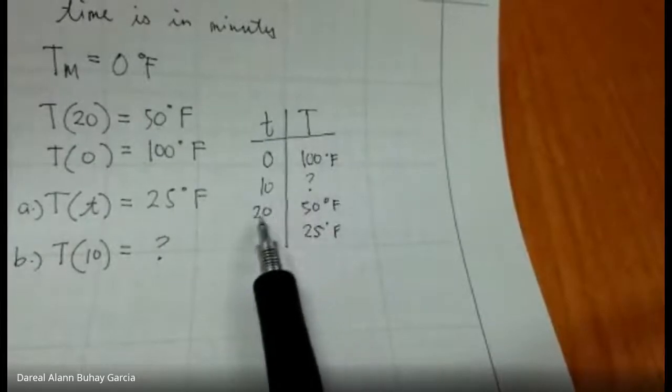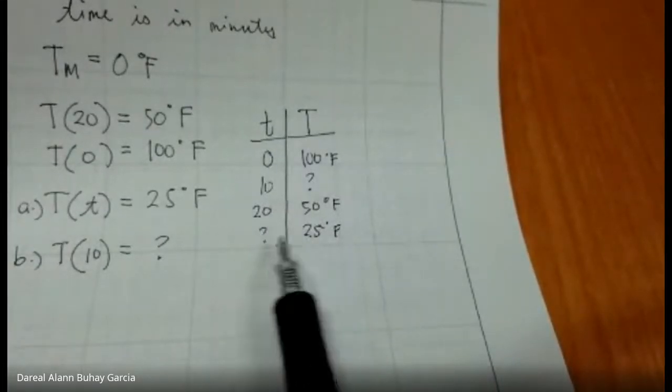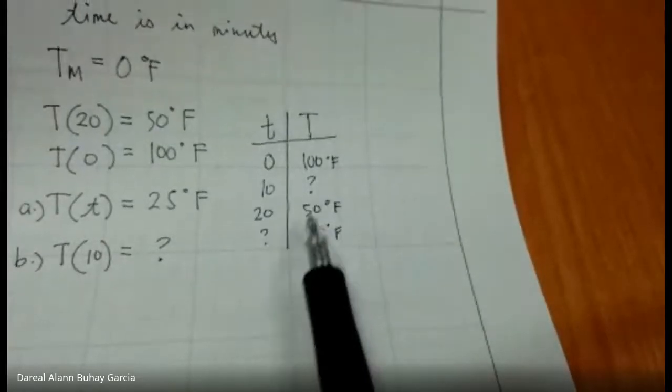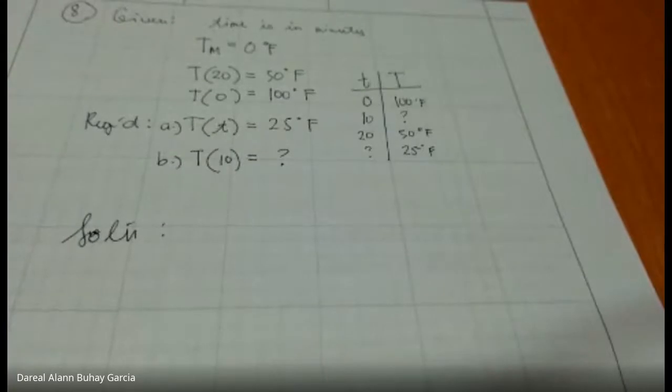Sige. Solution daw. Ito itong differential equation ganyan eh. dT over dt plus kT equals kTm.